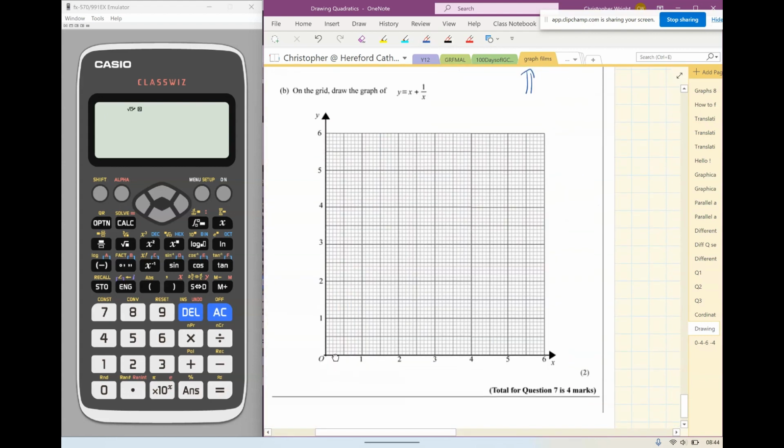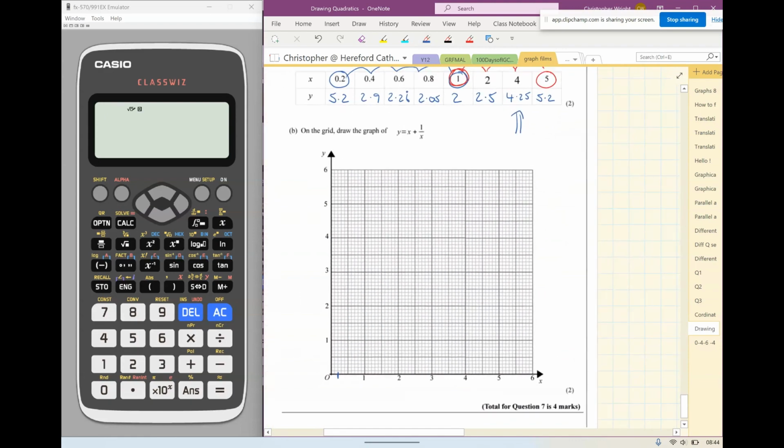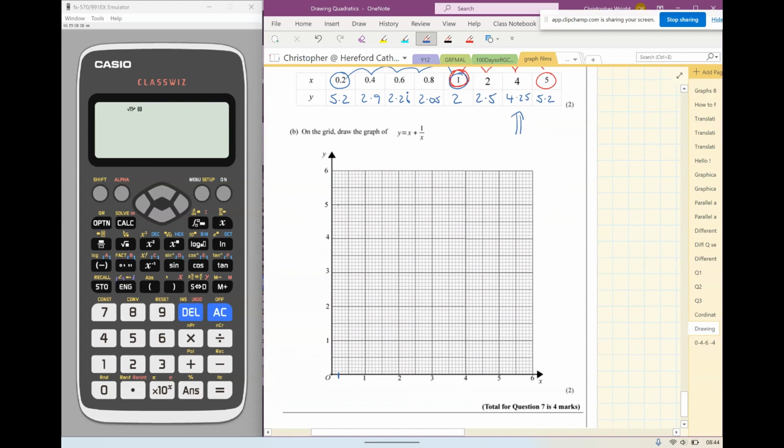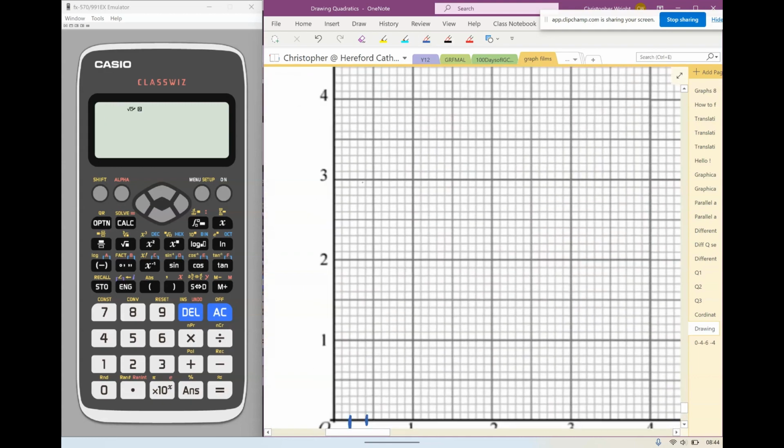So that's going to be here. And y is 5.2. So 0.2 all the way up to 2 little squares above the 5. 0.4, okay, that's here, and 2.9, right. 0.4, 2.9, that's there.